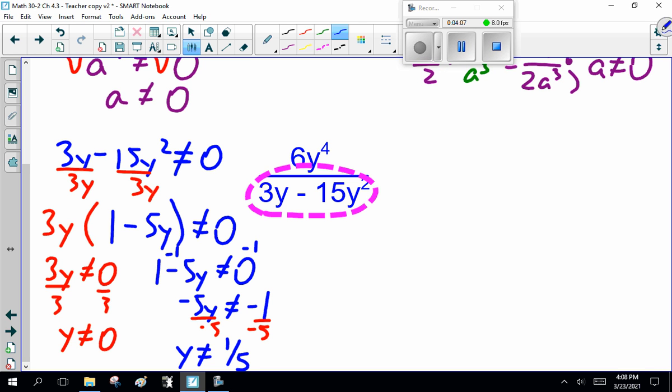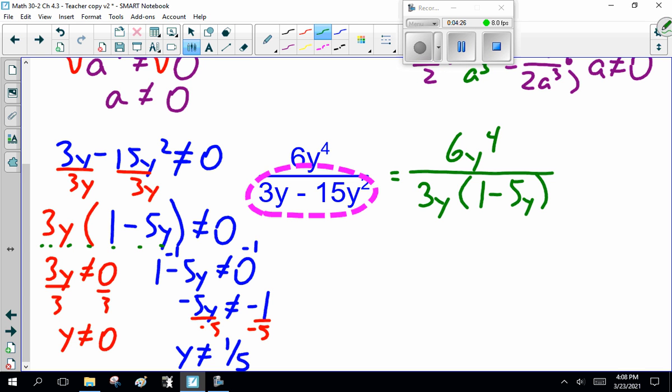Now, the other part is simplifying this mess. I just factored the denominator, 3y times 1 minus 5y, right here. So I save myself some more work. Then I go 6y on top. Since I'm multiplying, now I can cancel stuff out. 3 and 6 is 1 and 2.